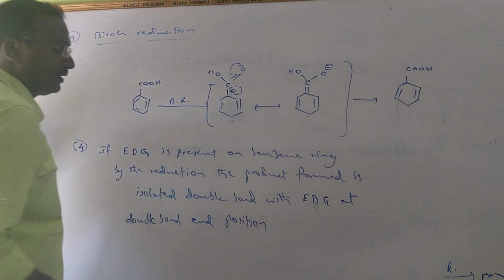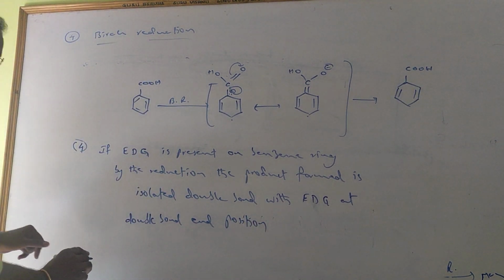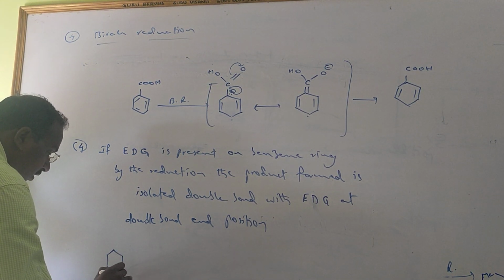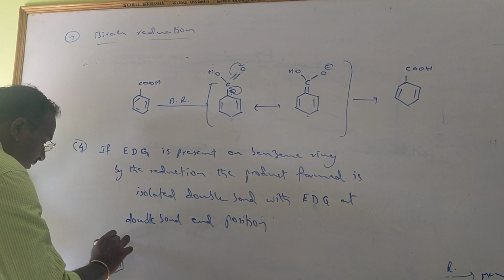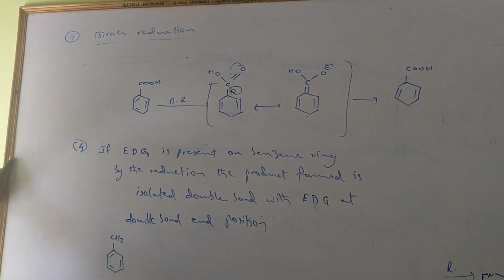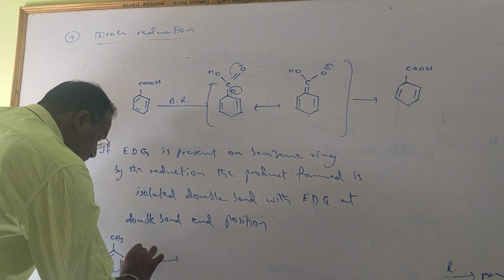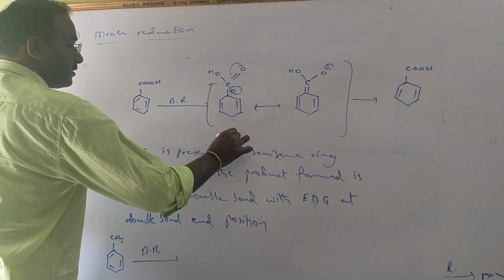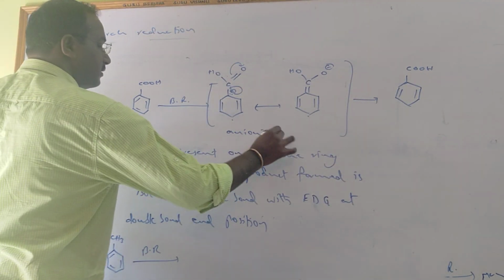I'll write an example here itself. Okay, I'm taking a new one. Suppose this is benzene and here a CH3 group is there, a best example of an electron donating group. When treated with Birch reduction, it forms an anion radical. It is called an anionic radical.